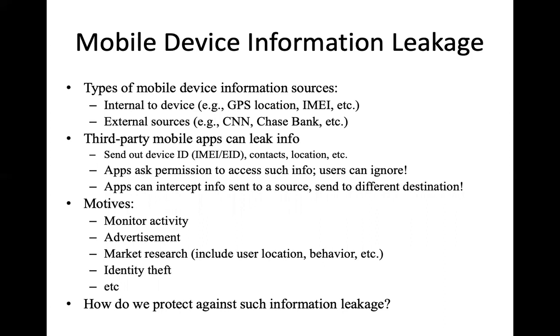Every phone has something called an IMEI number that uniquely identifies the phone, and there are also external information sources, right? I mean, for example, what apps you install and so on. So third-party mobile apps can in fact leak this information by just taking your GPS location or your IMEI number or your contacts or your location and then just send it out over the network.